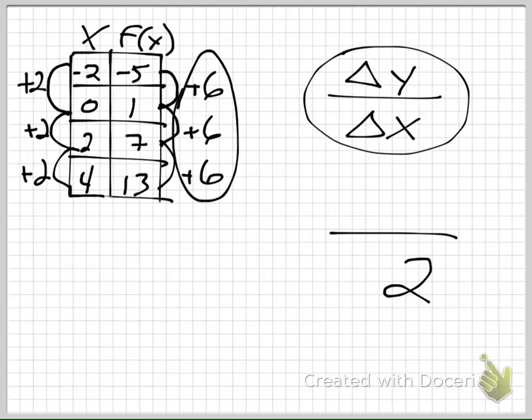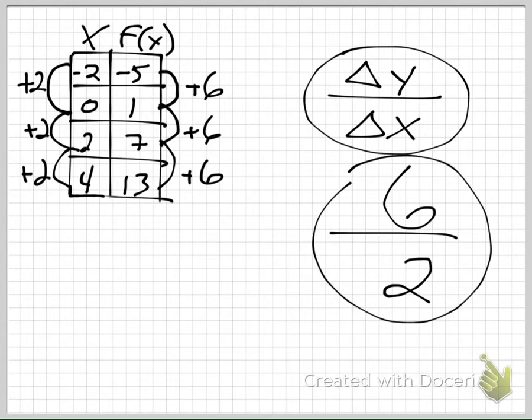Are those consistent? Yes. Since they're consistent, what's the change in y? That's a 6. So that would be 3. The slope of this line is 3.